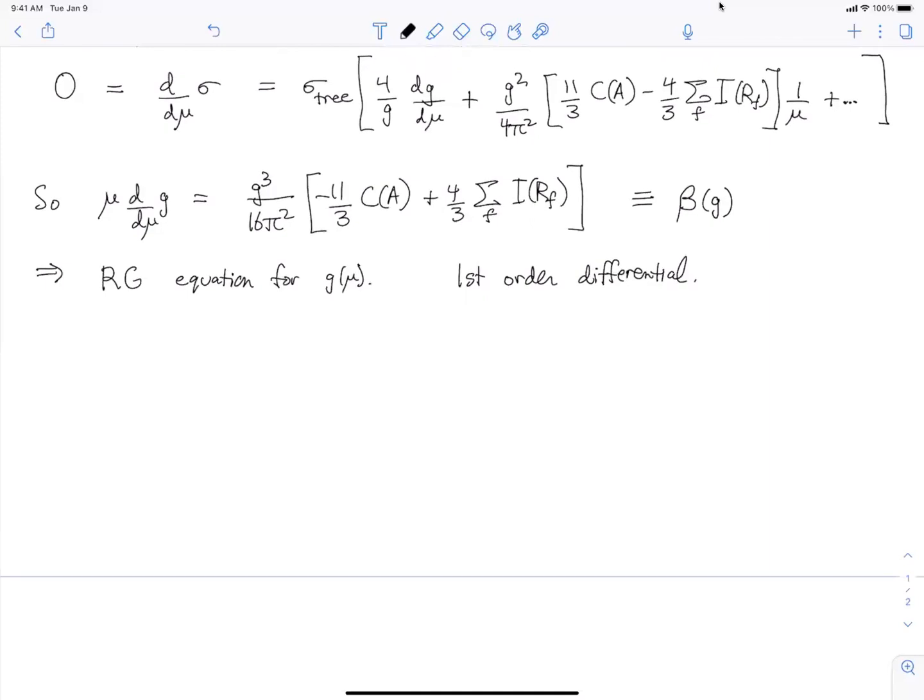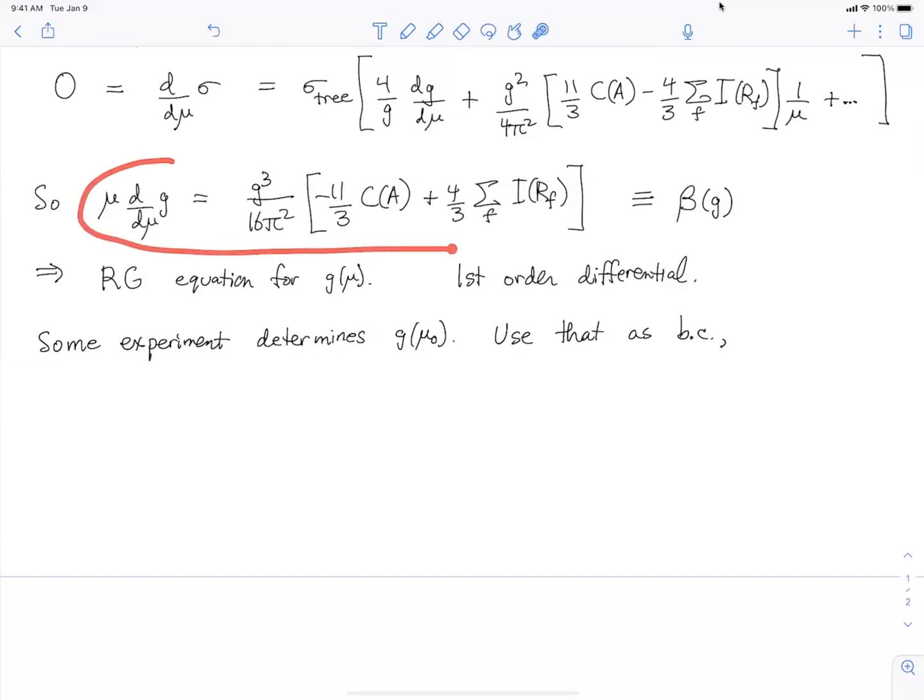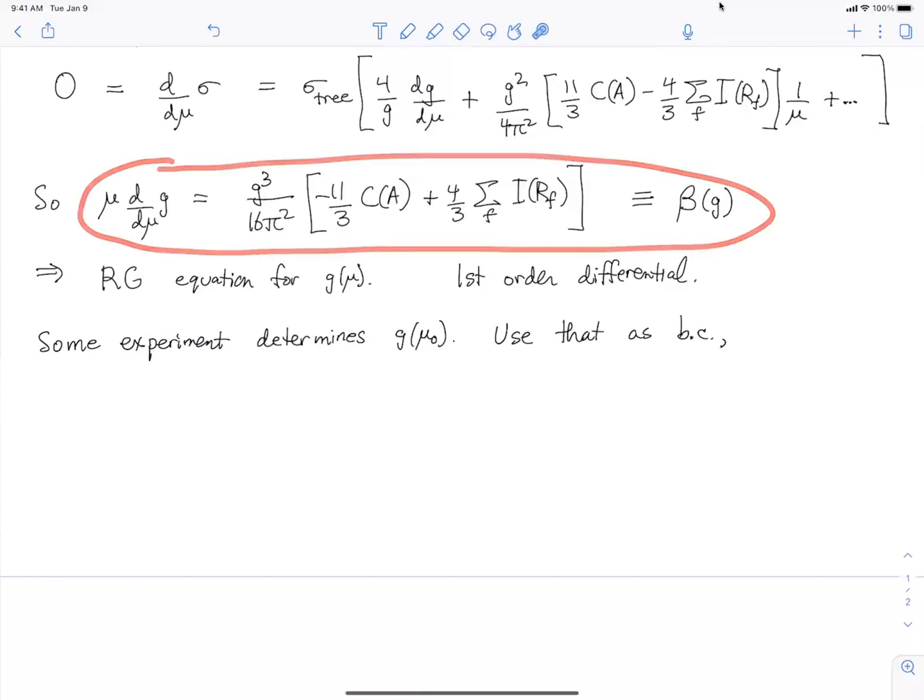Okay, so the idea is some experiment that you do, your best experiment, determines the value of the coupling at some particular renormalization scale. You use that as a boundary condition. And then you use this equation to find it at any other value of mu.